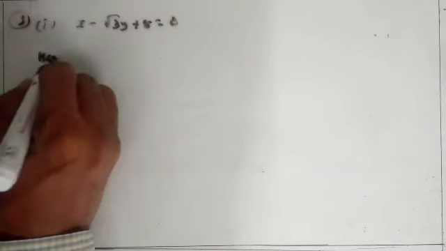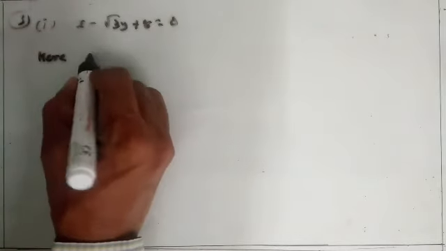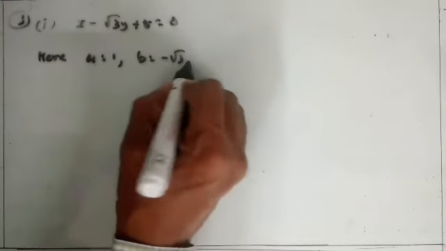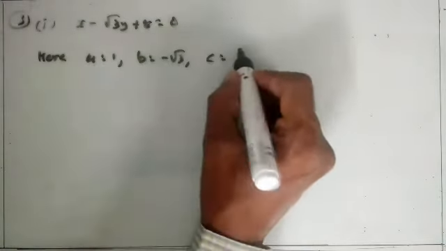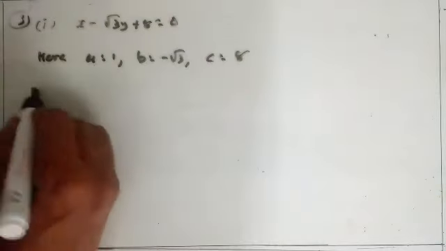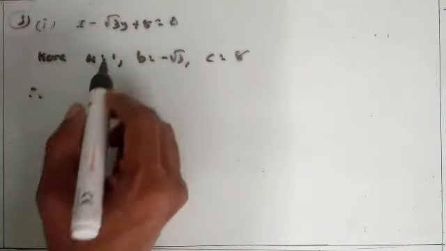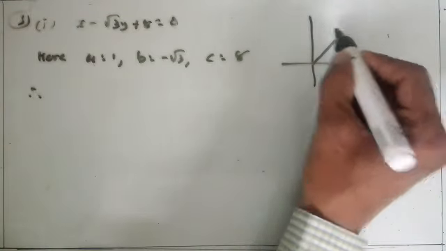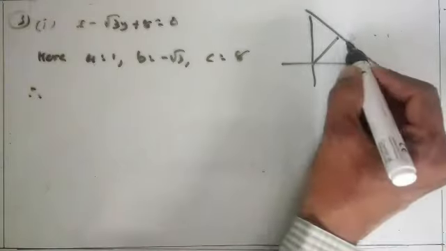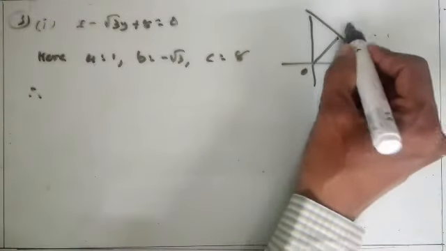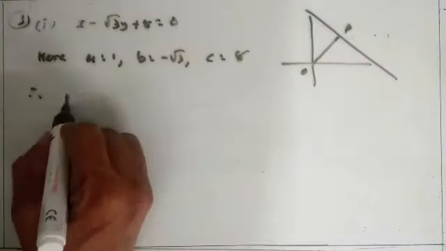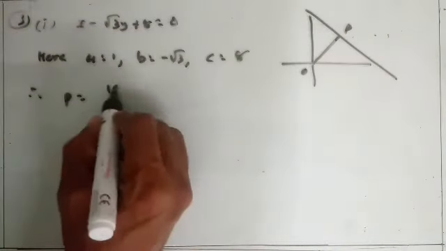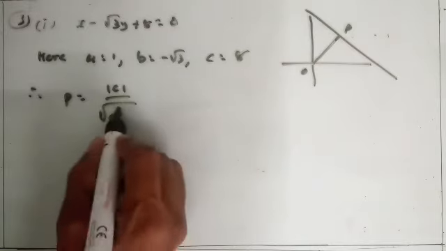Here a is equal to 1, b is equal to minus root 3 and c is equal to 8. Therefore, the perpendicular distance from origin to line, that is the length of perpendicular from origin to line OP, is equal to p is equal to mod c upon root of a square plus b square.